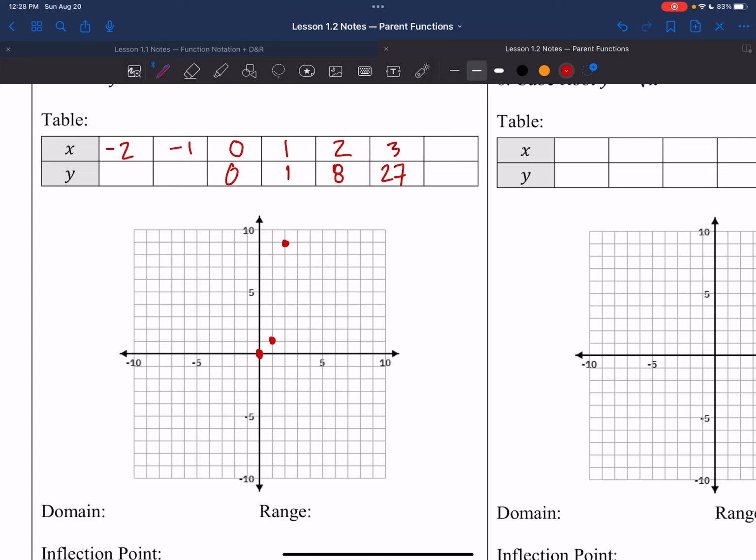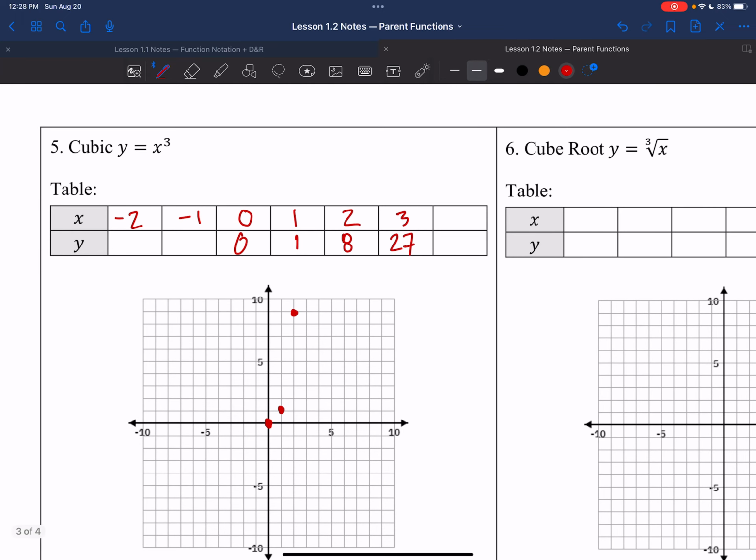What about -1 cubed? Is this going to look like a parabola? -1 cubed. That's -1 times itself again. Well, 1 times 1 times 1, the magnitude of that is 1. But a negative times a negative is a positive times another negative is negative. So -1, -1. It's down here.